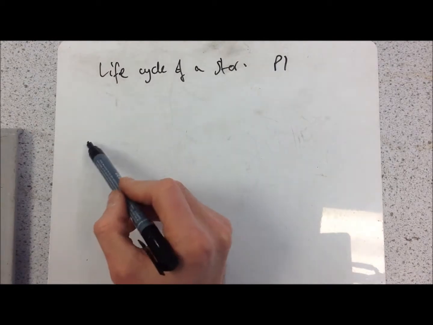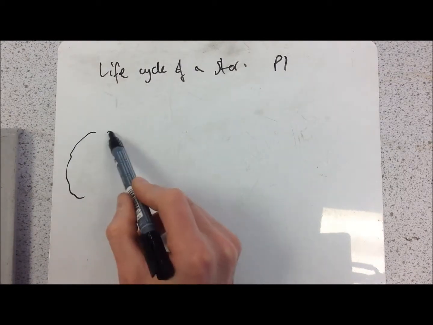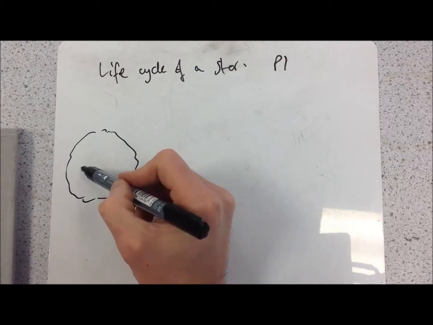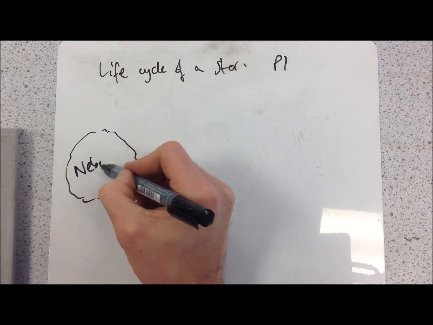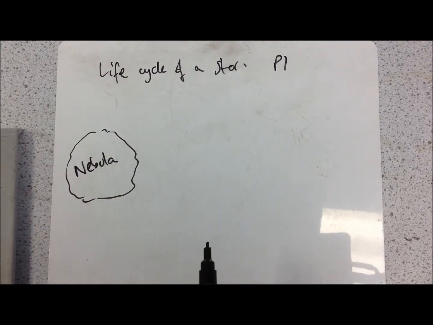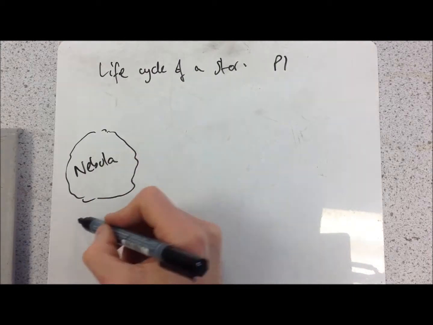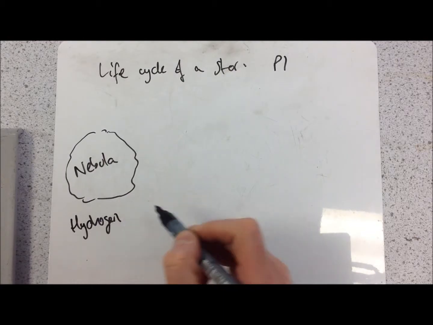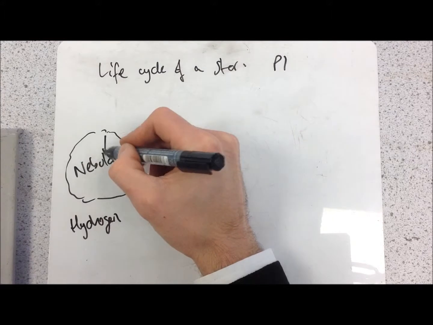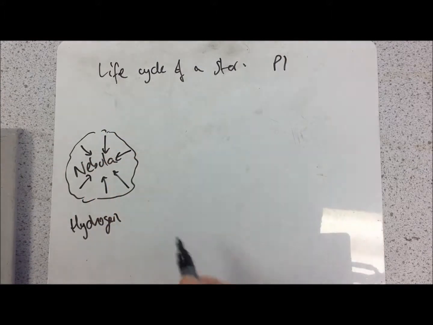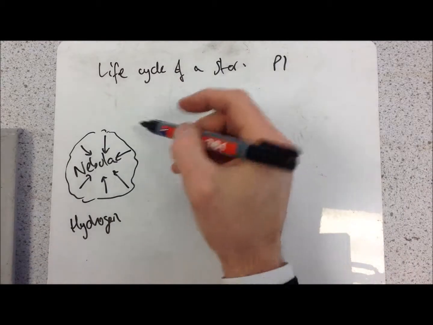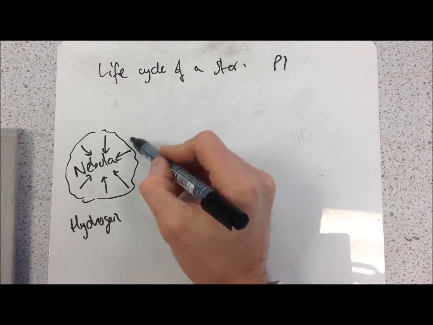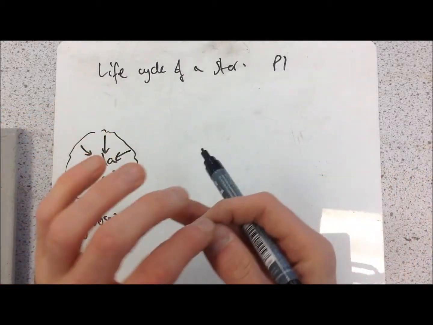What you need to know is all stars begin their life as a huge cloud in space of hydrogen gas, and that cloud is called a nebula. Gravity makes the hydrogen pull on itself and condense, until the temperature rises and the hydrogen nuclei fly around really quickly and fuse together.